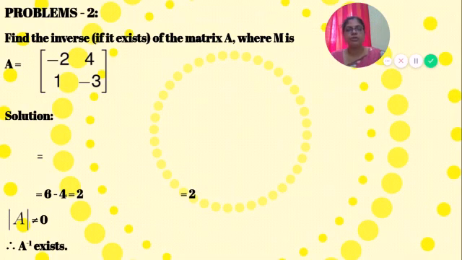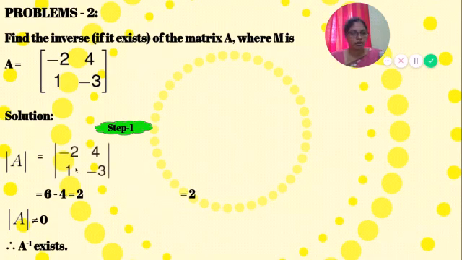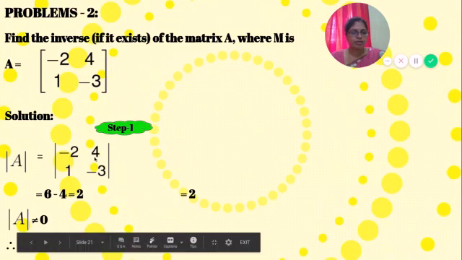The first step is to verify that the inverse exists. To find if the inverse exists, we have to check that the matrix is non-singular. To find that, we find the determinant of matrix A. So the determinant of the matrix is minus 2 into minus 3 minus 4 into 1, that is 6 minus 4, which is equal to 2.